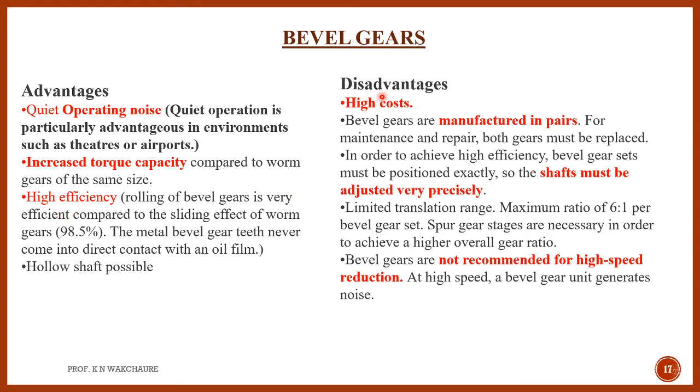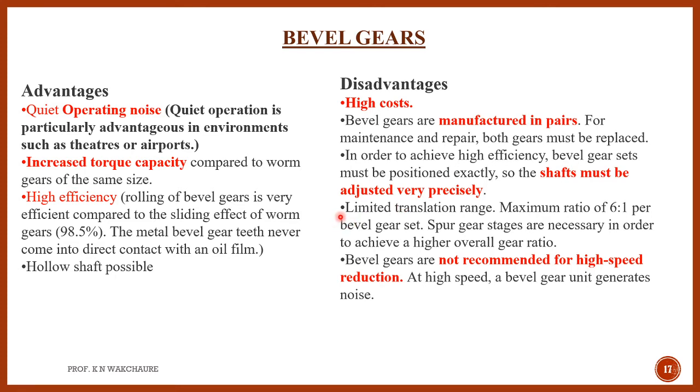Again, the disadvantages: due to the nature of their teeth, the manufacturing cost is high. They need to be manufactured in pairs. That means if one gear fails, its counterpart also needs to be changed.